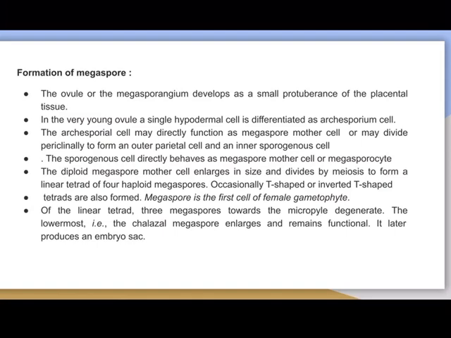When four megaspores act, it is called the tetrasporic type. If we go for the integument, it may be single or it may be two. Accordingly, they are called unitegmic or bitegmic, based on the integuments present in them.